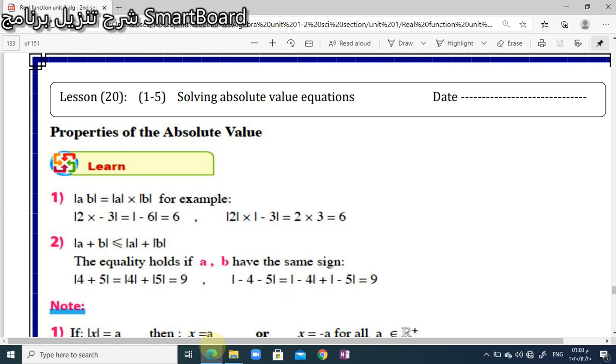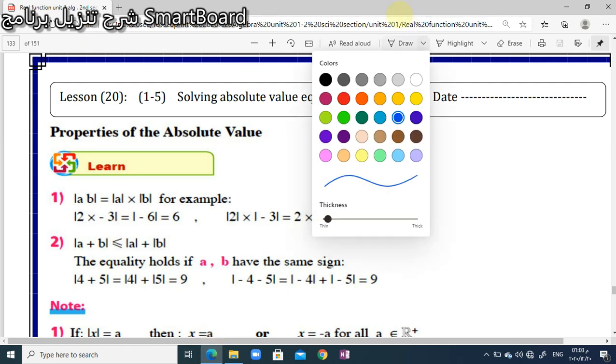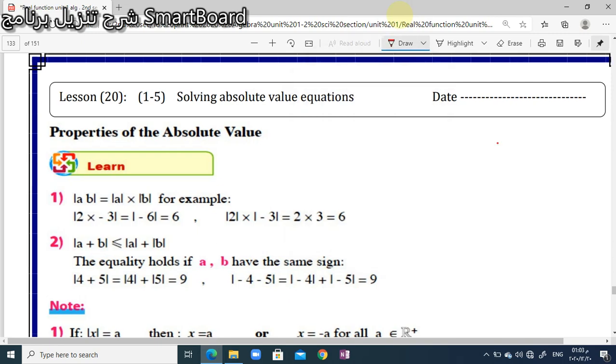But absolute negative 4 minus negative 5 is not equal to absolute negative 4 plus absolute negative 5, which equals 9.